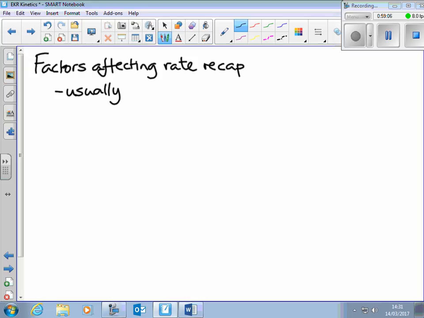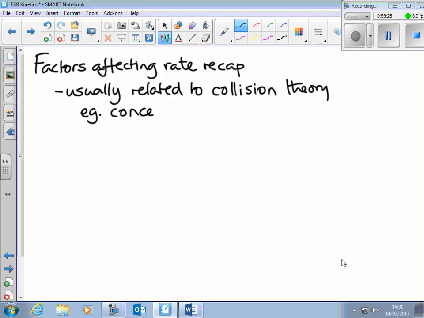We probably didn't call it that, but the number of particles you've got to collide, and the temperature, of course, will increase the rate of their movement. So, e.g., concentration. I'm sorry, this doesn't make a lot of sense, but this is just me thinking on the board. Both concentration and temperature affect collisions between particles.